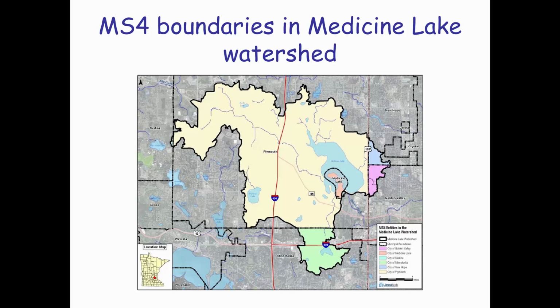All right, so here are the MS4 boundaries for the watershed individually. Number of different cities and municipalities here. MS4s are areas that have more than 10,000 people. Each of these MS4s then are somehow responsible for the total load that's going into the lake.